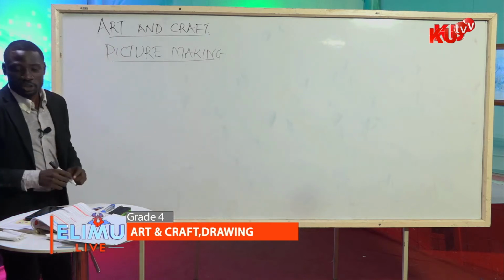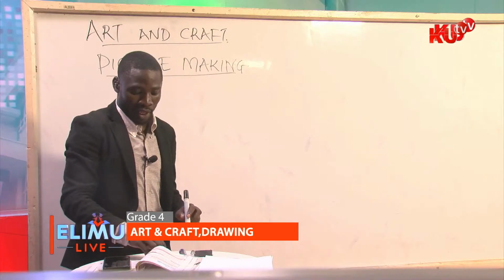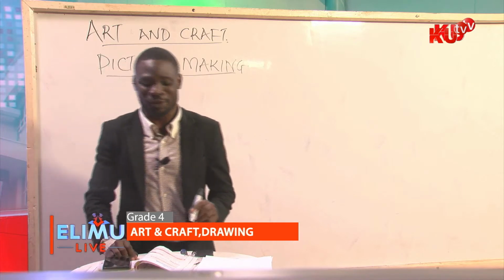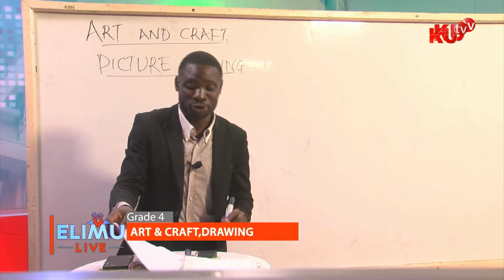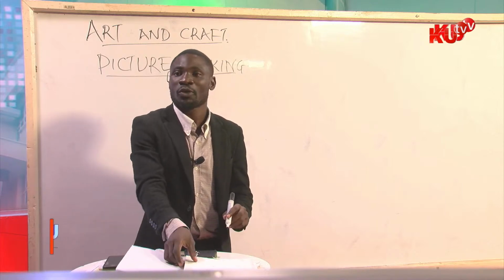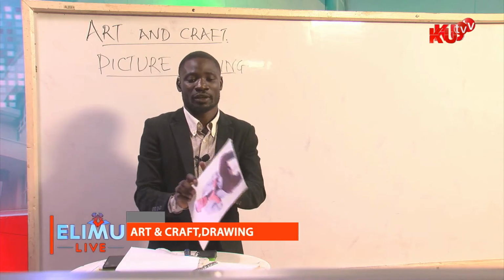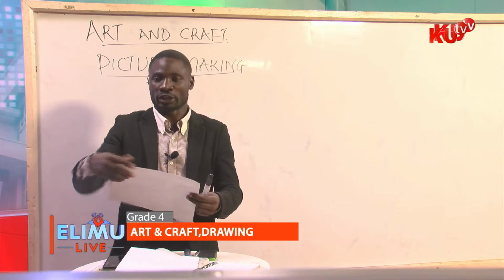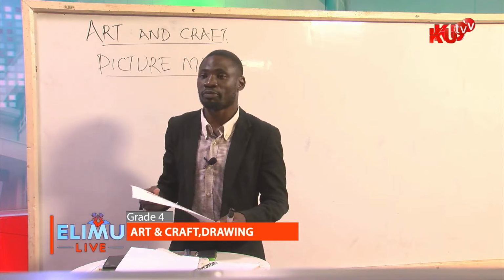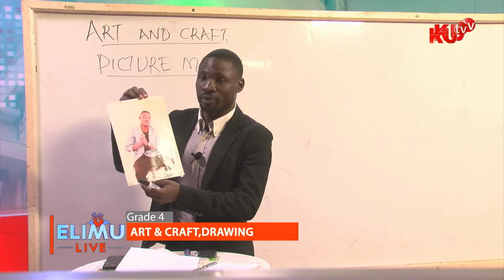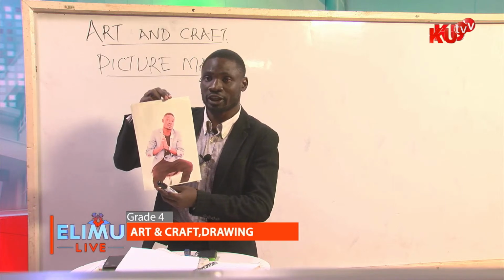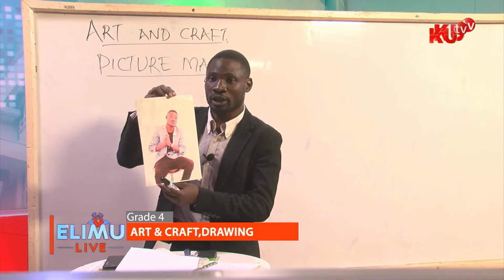Okay, when we talk about picture making, we all know what pictures are. And in case you don't know, I'm here to remind us. I want to show us some samples of pictures. This is one of the examples of pictures that I have here. I hope you can see it well.